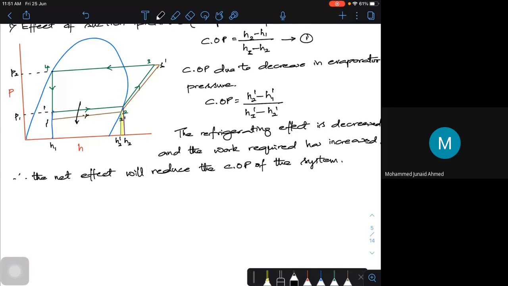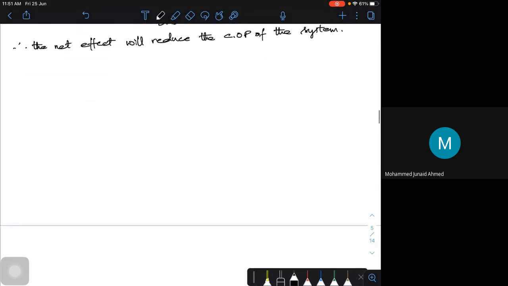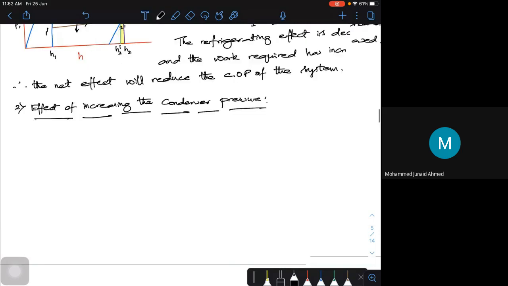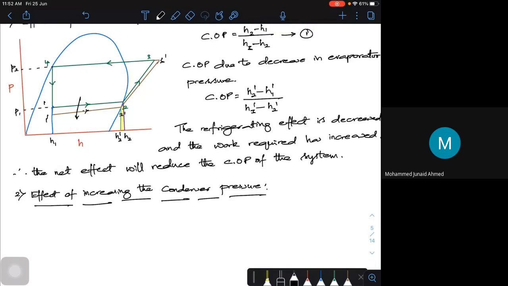The second thing: the effect of increasing the condenser pressure, or delivery pressure. Let us draw the pH diagram, the same pH diagram.